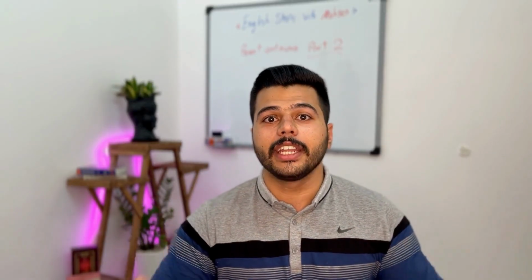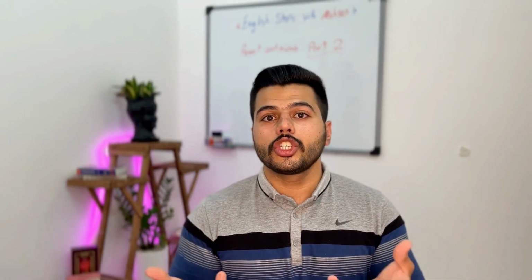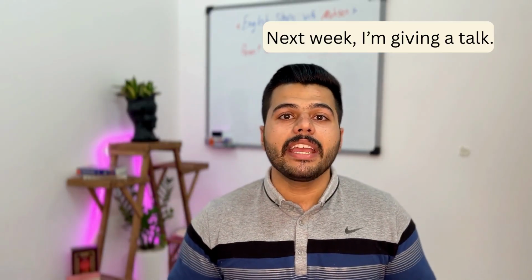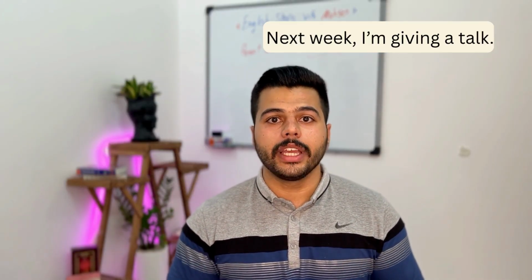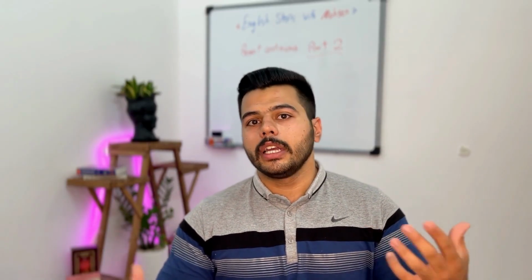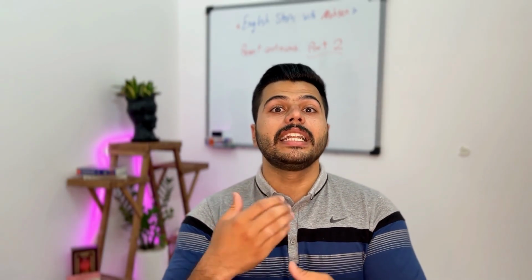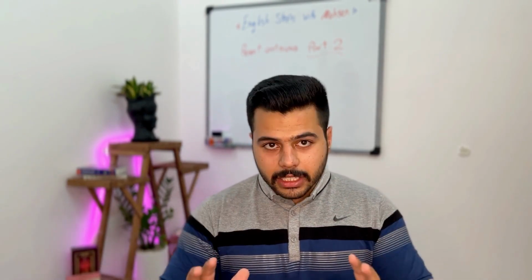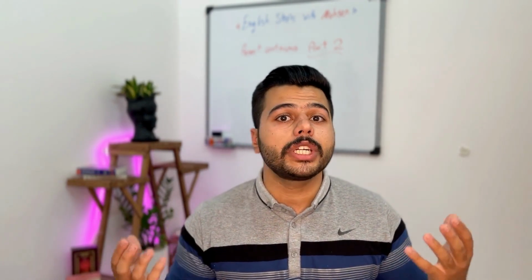That's totally fine because this sentence shows a future arrangement. Next week, I'm giving a talk. I'm giving a talk is present continuous, but next week is a future time. So we can use present continuous to talk about future arrangements.